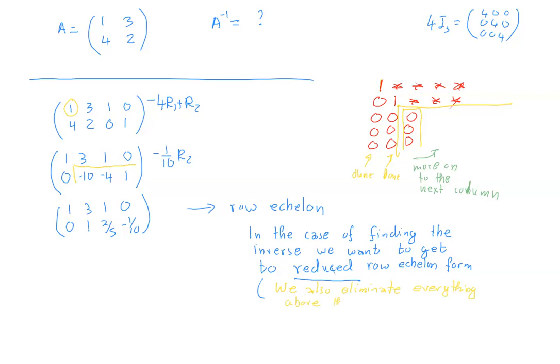Every time you have a pivotal element, you eliminate everything that is above it. Which columns have pivotal elements here? The columns that have pivotal elements here are this one and this one. These two columns have pivotal elements. So don't bother with any other column.